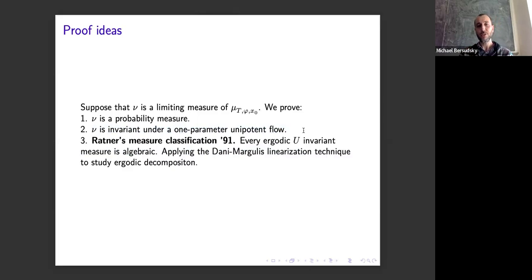Once you have that, you can apply Ratner's measure classification theorem for ergodic components: every U-invariant ergodic measure is algebraic. And then the goal is to study this ergodic decomposition of nu by studying representations. The standard technique is the Dani-Margulis linearization technique.